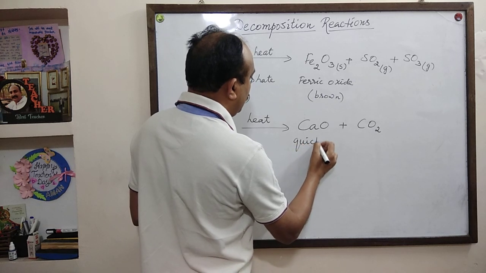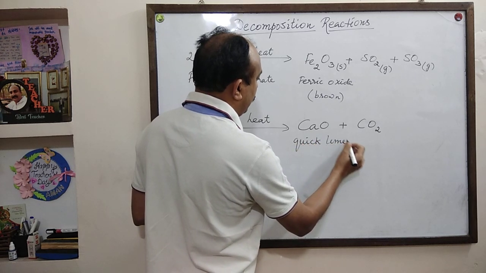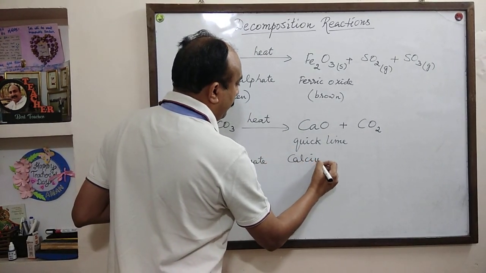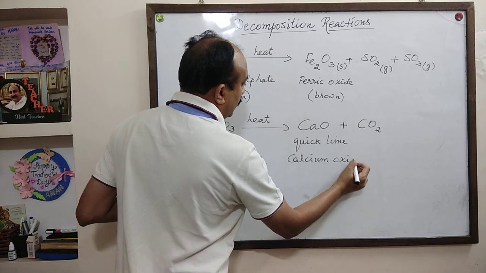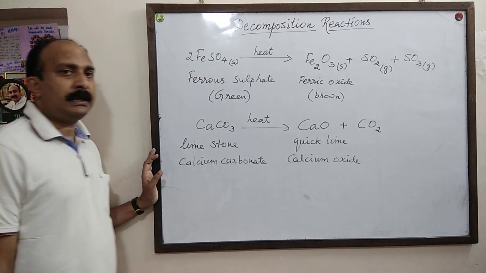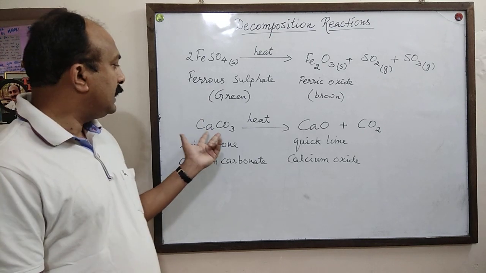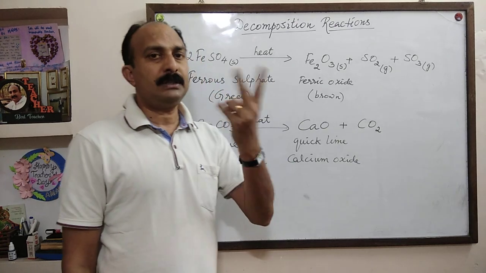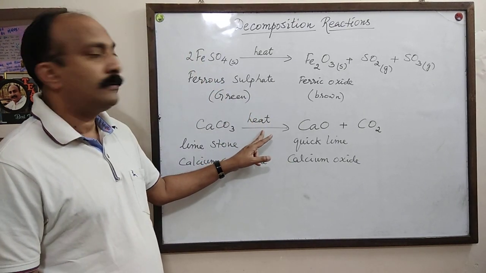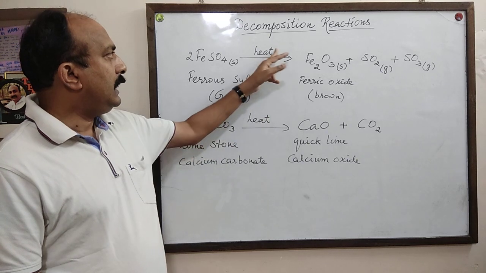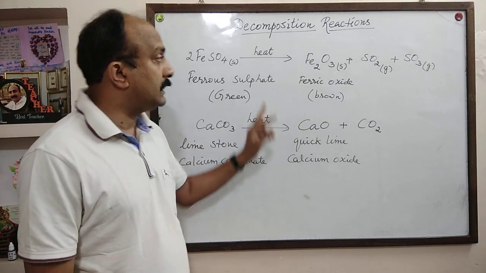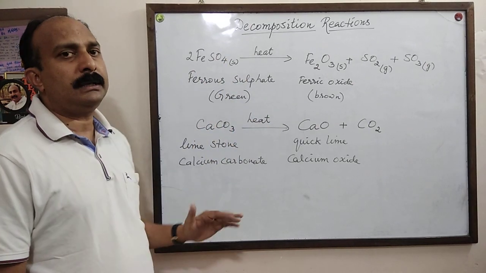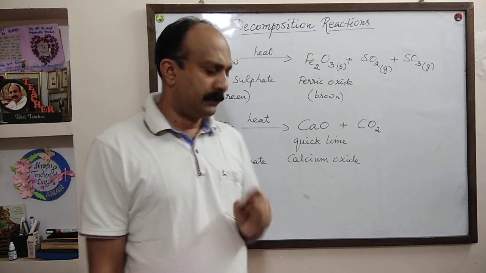This CaO is known as quicklime and the chemical name is calcium oxide, and carbon dioxide gas. So here also you can see a single substance decomposes to form two substances. And remember one more thing, energy is supplied in both the reactions. Heat is supplied here and heat is supplied here. So on heating, this reaction occurs.